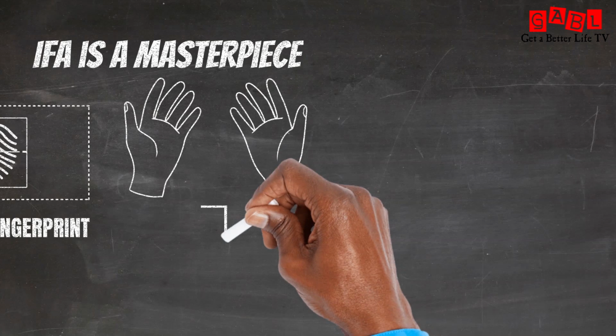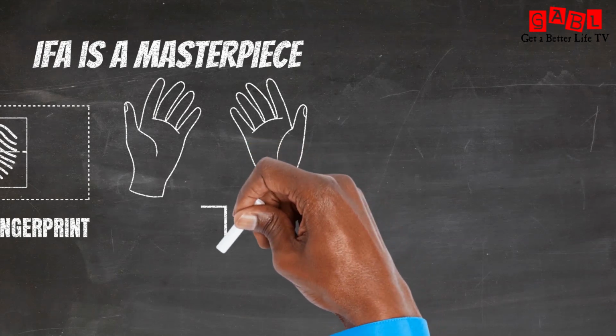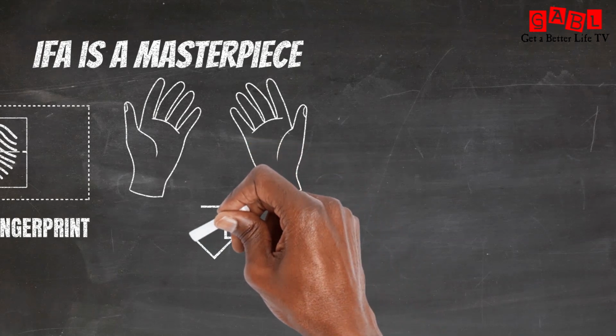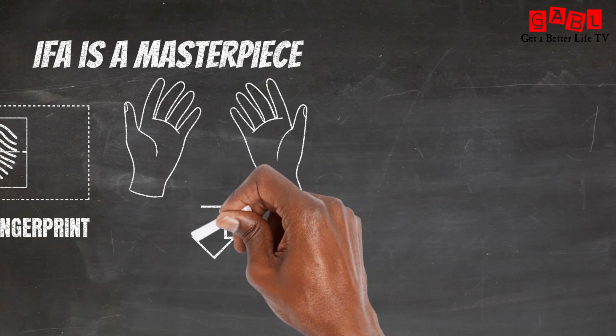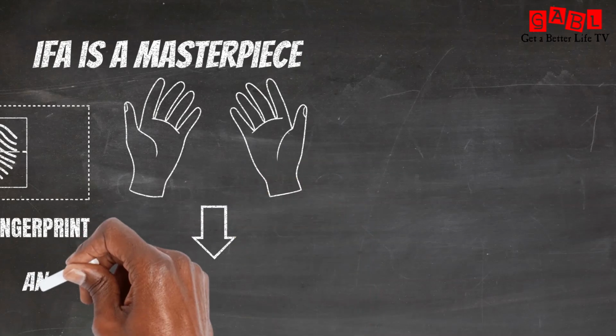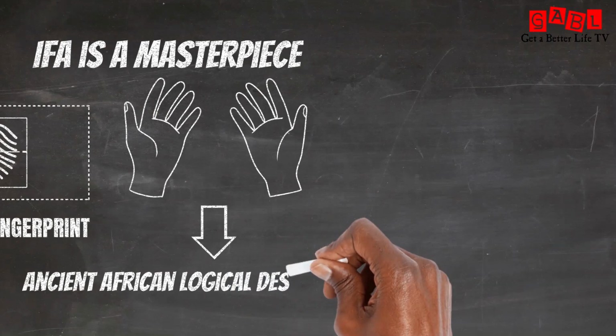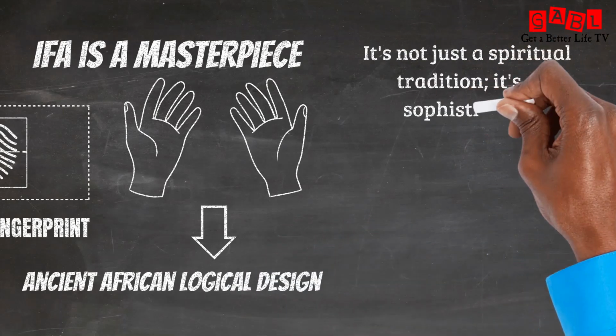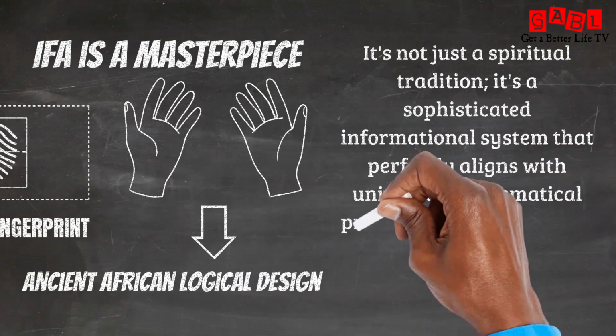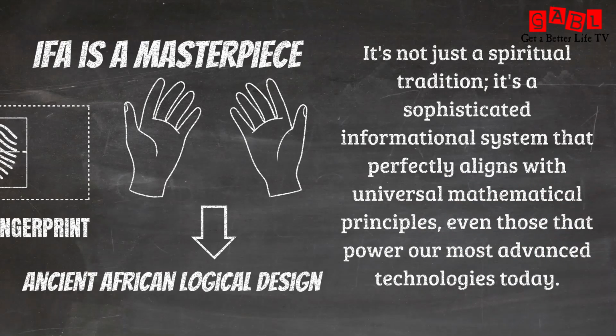This connection shows us that Ifa is a masterpiece of ancient African logical design. It's not just a spiritual tradition, it's a sophisticated information system that perfectly aligns with universal mathematical principles, even those that power our most advanced technologies today.